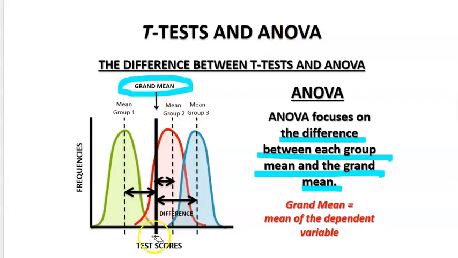So with the grand mean, you compare the first group, the second group and the third group. It's not between the groups. They don't compare the means of the groups with each other, but they compare the mean of each group with the grand mean. That is a big difference from the t-test.